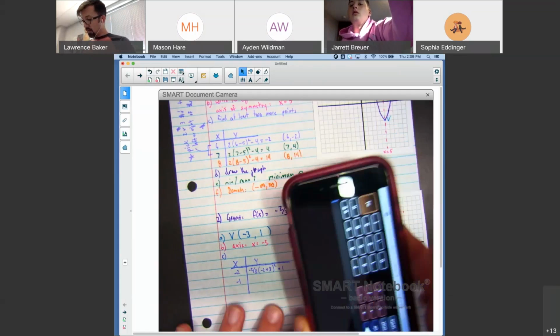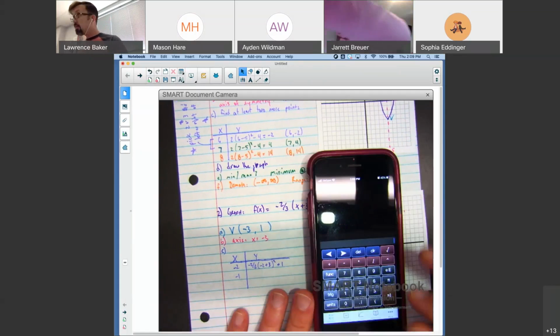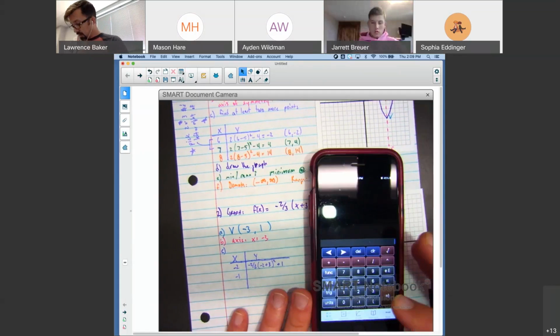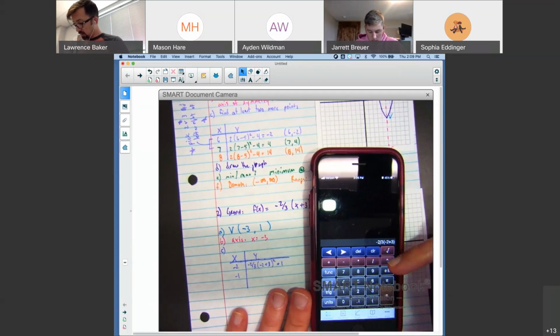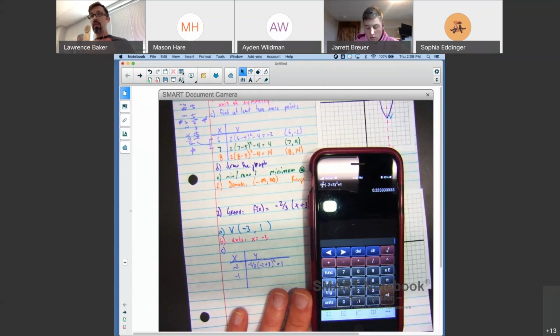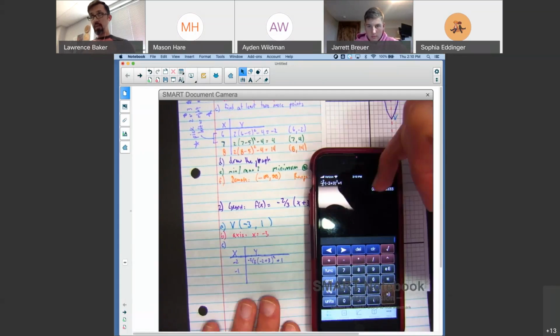Quite amazing. So -2/3 times (-2 plus 3) squared plus 1. On this one, it's this little caret or square. Okay, type that in. I get 0.3 repeating.